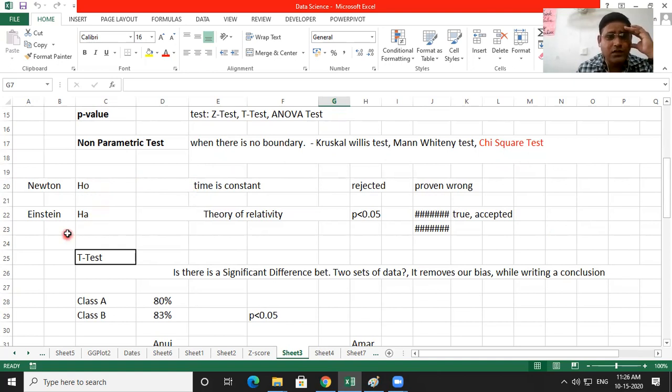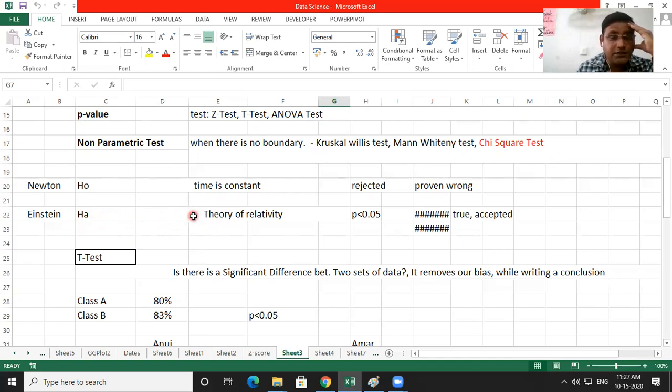But later on in 1904, Einstein challenged that hypothesis of Newton that time is constant. Einstein gave the theory of relativity. So what Einstein did, he challenged that hypothesis, and that theory of relativity is our alternative hypothesis.